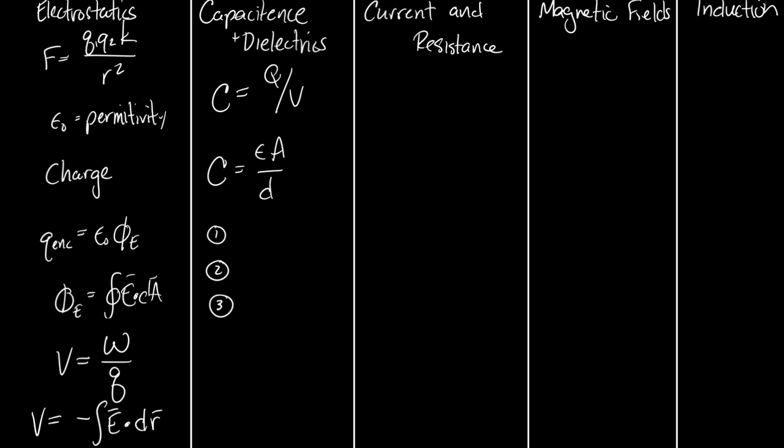The first thing we did was set the charge to Q, meaning we just said there is a charge of positive Q on one conductor and negative Q on the other. So we established an initial amount of charge.